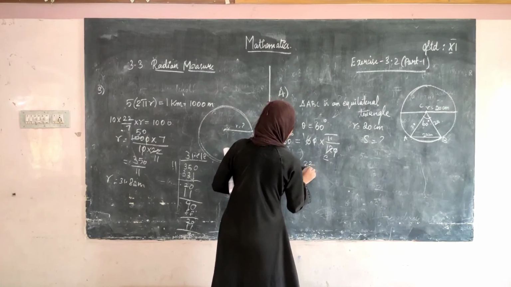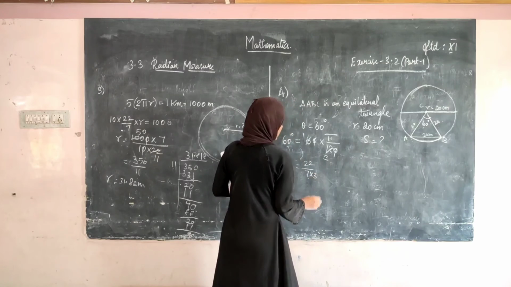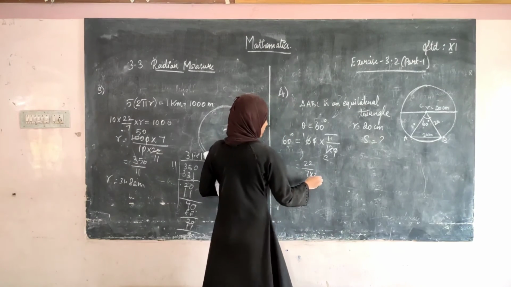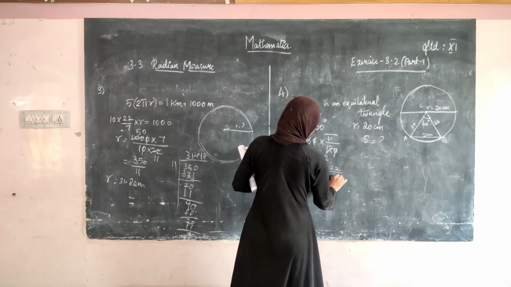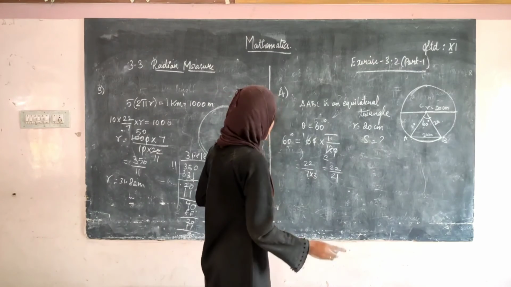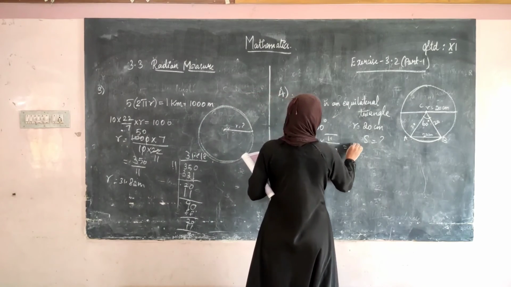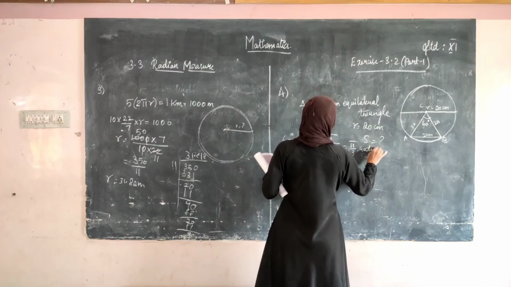Pi is 22 divided by 7, so it is 22 divided by 21. You can keep it as pi by 3 radians.